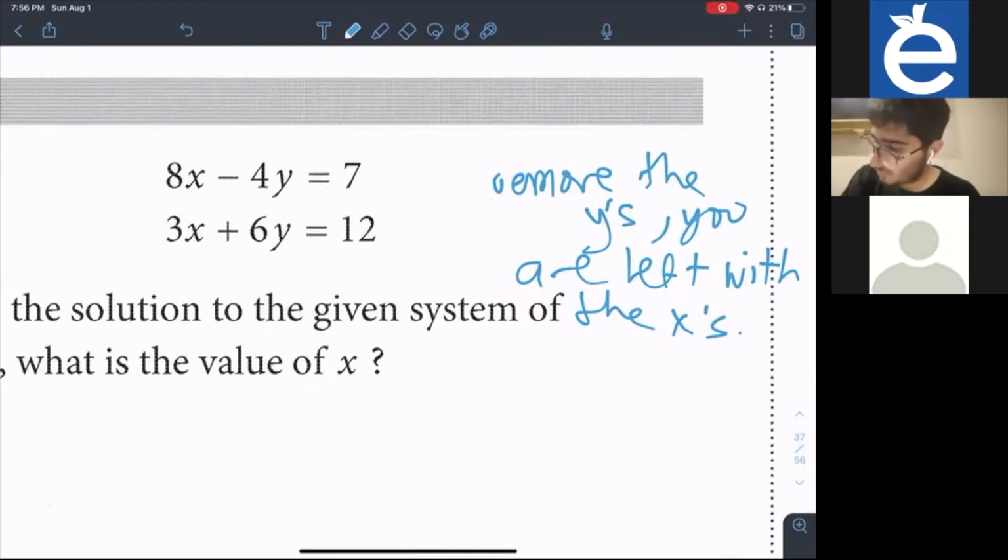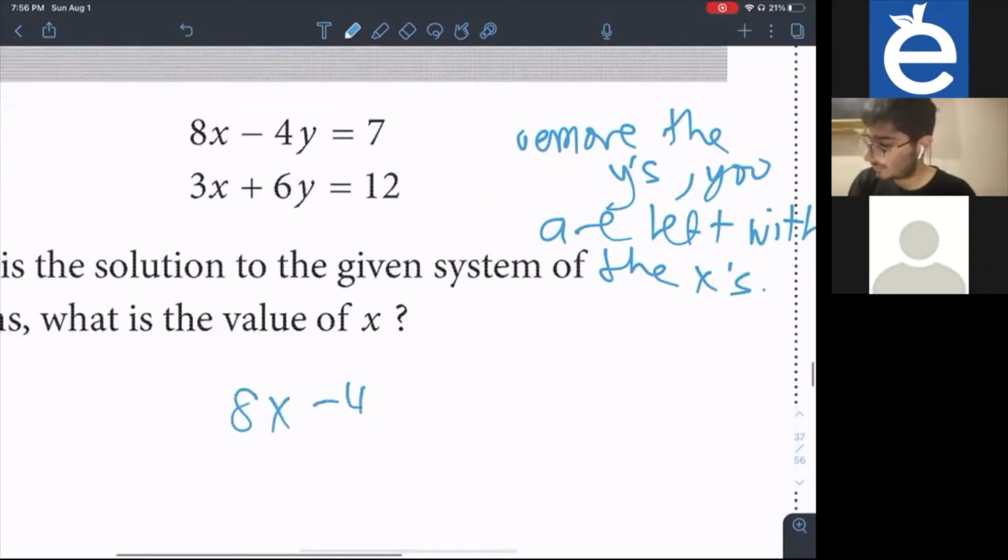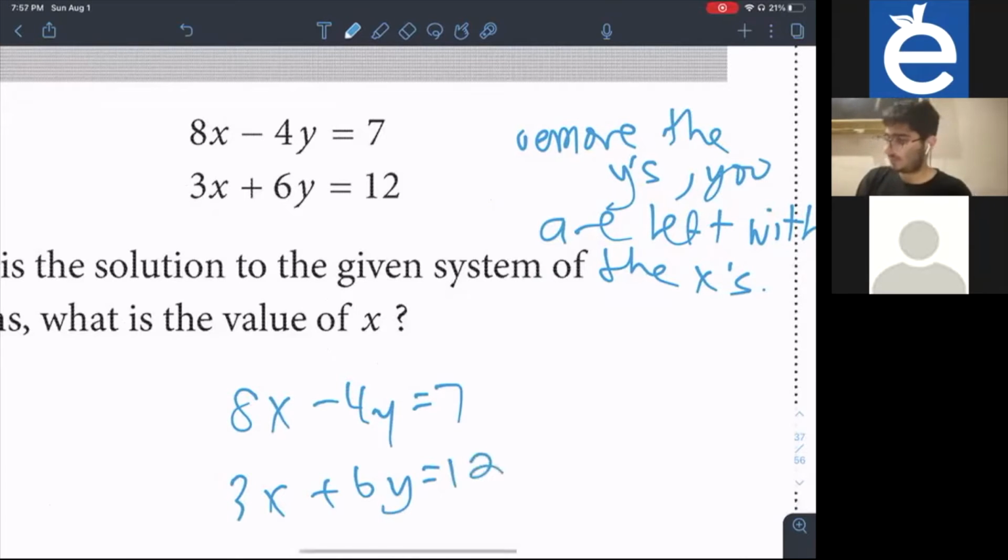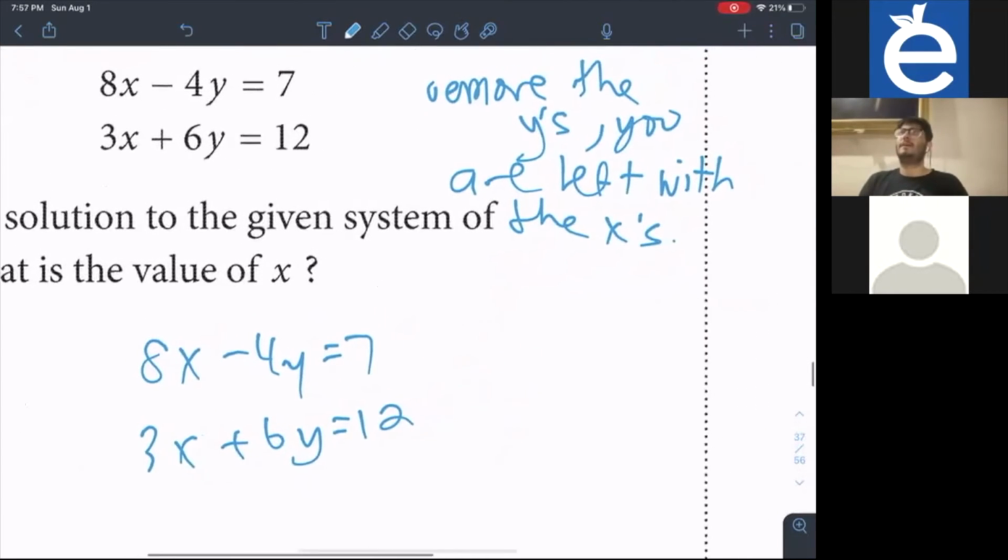So to remove the y's, we copy this, is equal to 12, and then you would find a common multiple between 4 and 6. So it would be 12.